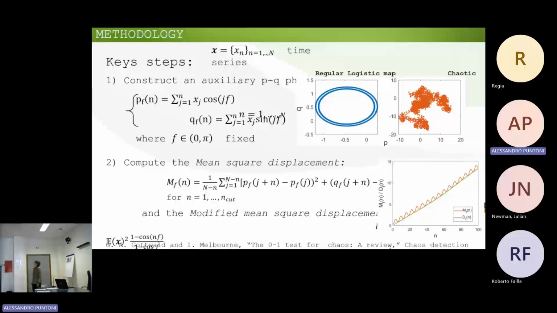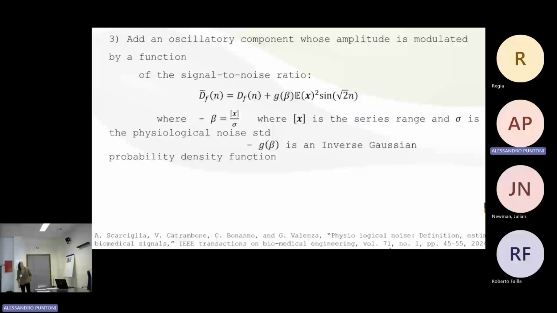You can note that until this point, we did not take into account the presence of the noise. So in the next step, we deal with this aspect.